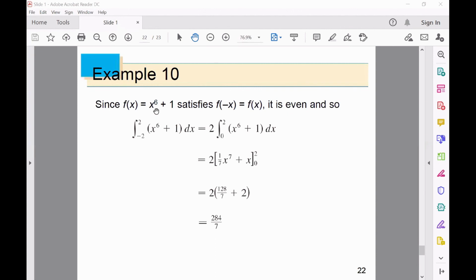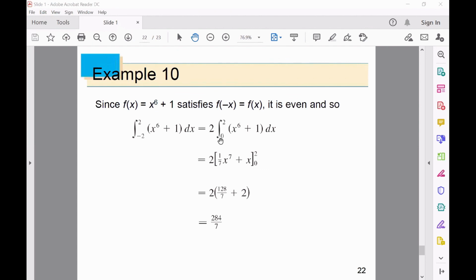Okay. Here we try to evaluate the integral between minus 2 and 2 of x to the 6 plus 1. This is an even function. Why? Because f of minus x equals f of x. Then instead of between minus 2 and 2 we can see it's equal to the double of the integral between 0 and 2. Why?